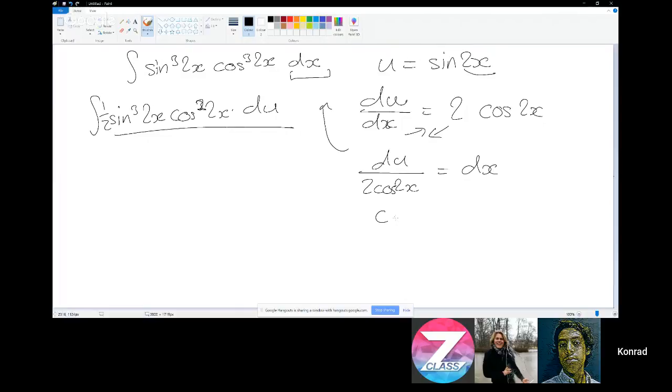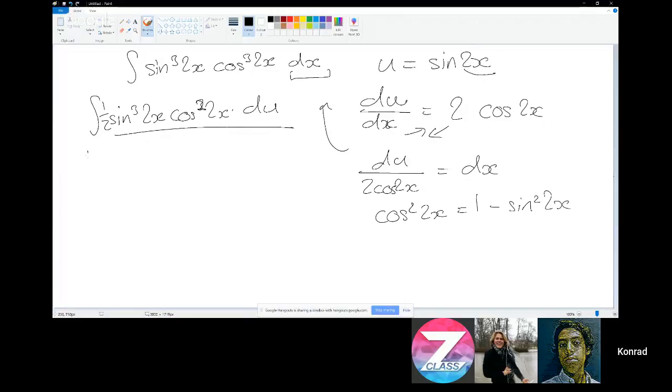Now, over here, we can say that cos squared of 2x is equal to 1 minus sine squared of 2x. Are we all happy with this? This is our nice identity.